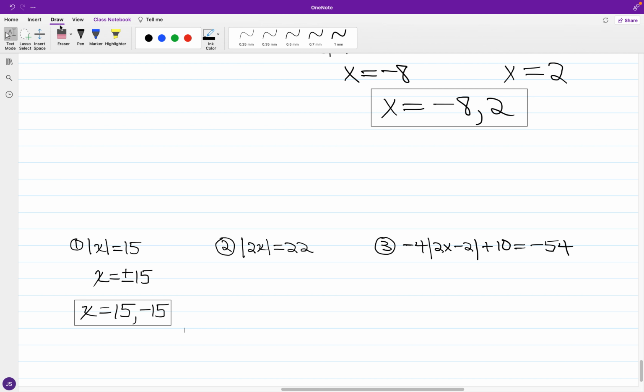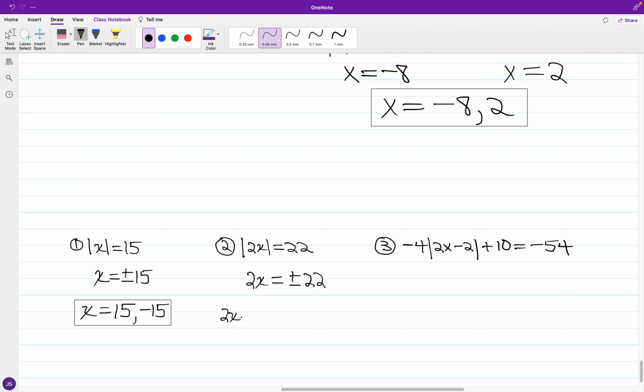For the second item, we had the absolute value not of x but of 2x equal to 22. Again, removing 2x from the absolute value symbol, with k at 22, we have that 2x is equal to plus or minus 22.